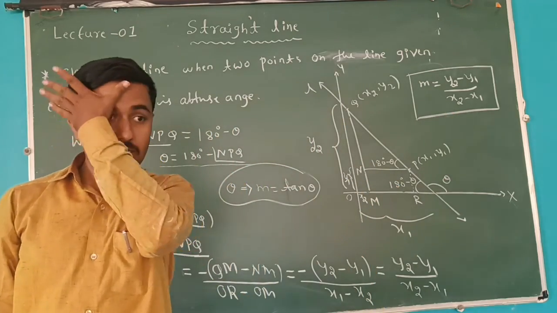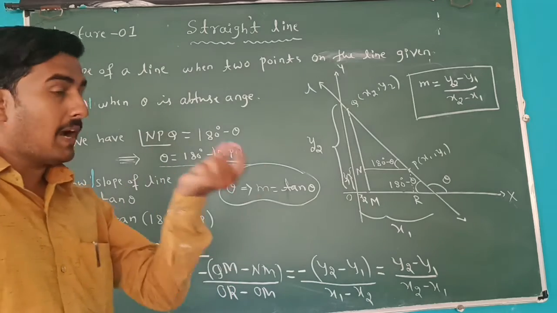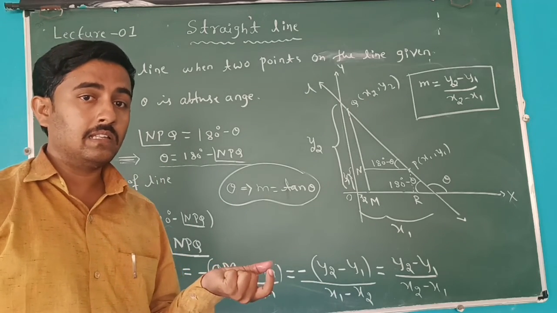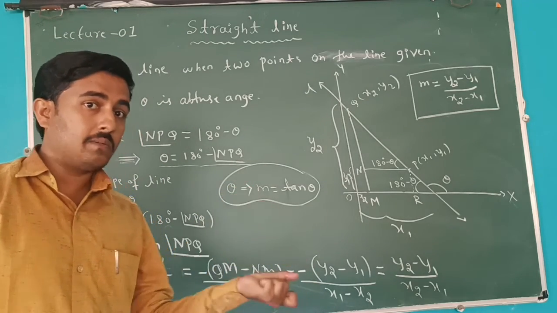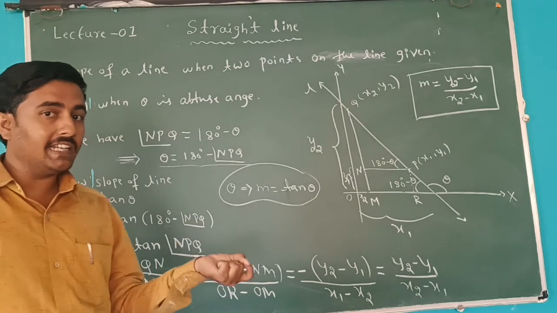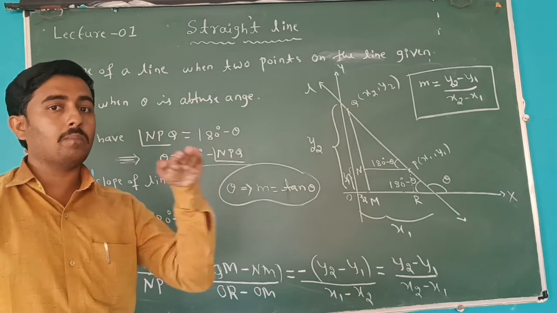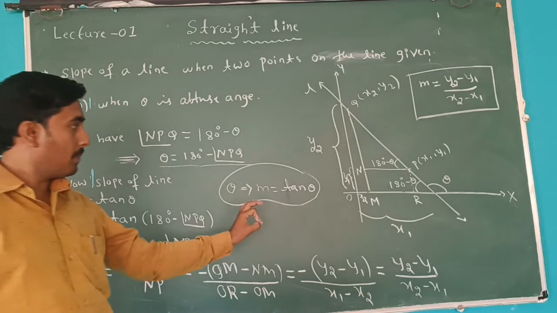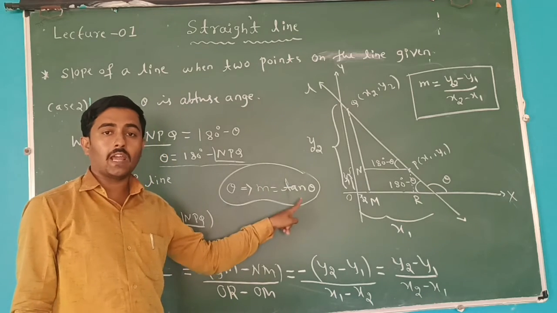Suppose in the examination they may ask, find the slope of the line which makes an angle 30 degree with the positive direction of the x-axis. Then we use the formula m equal to tan theta.